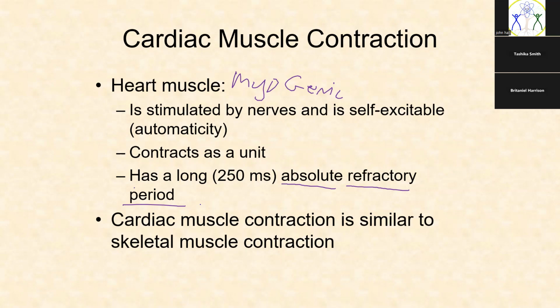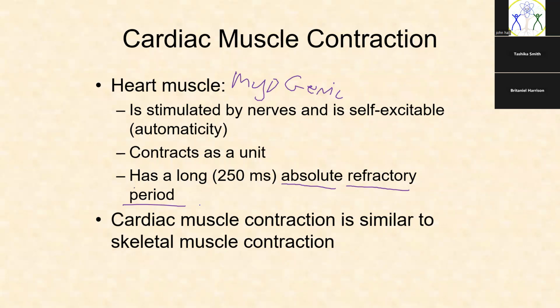Now, why is this important? It says here it has a refractory period of about 250 milliseconds. This is saying that the heart cannot contract more than 4 times a second. 4 times a second is a ridiculously fast speed, right?